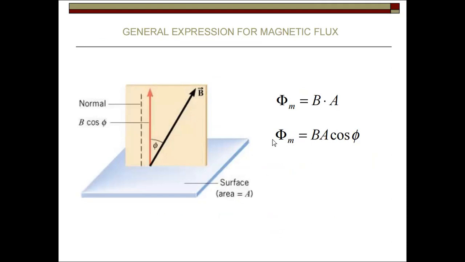Remember that if this is the normal and this is the surface area, B makes an angle phi to the normal. This is why the formula will be BA cos phi. But if they are perpendicular, cos 90 degrees, then the flux will be 0.